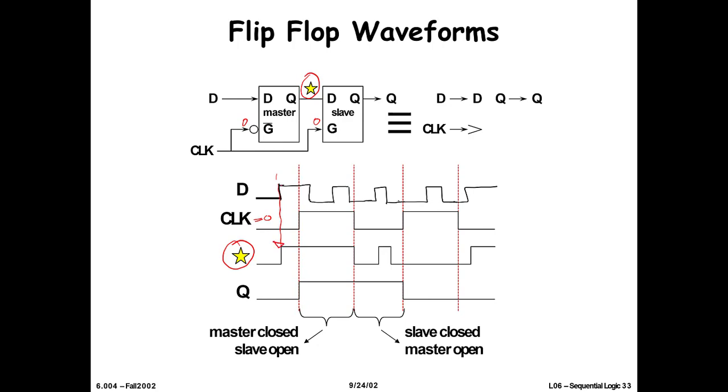So you see, from here to here, the star node is exactly the same as D. But when the clock is 1, the star node retains its previous value.